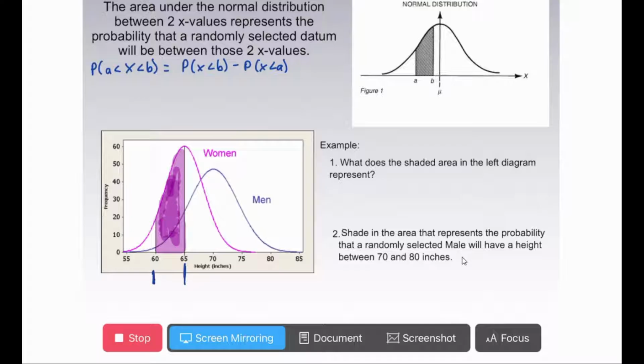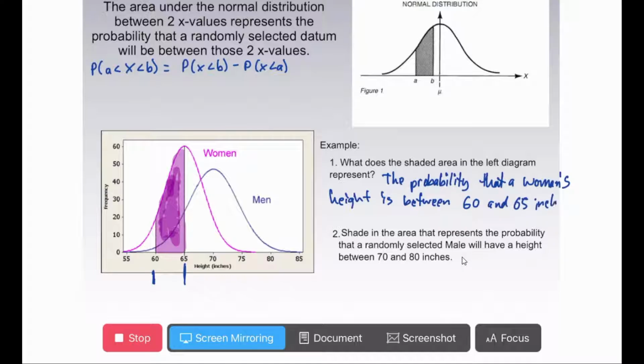And so if area represents probability, that's our x value, and we're looking between 2 points, basically this area is going to represent the probability that a woman's height is between 60 and 65 inches.